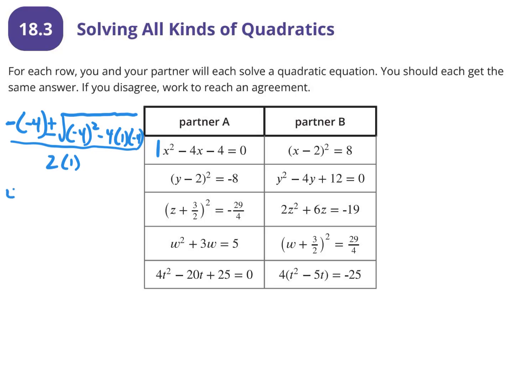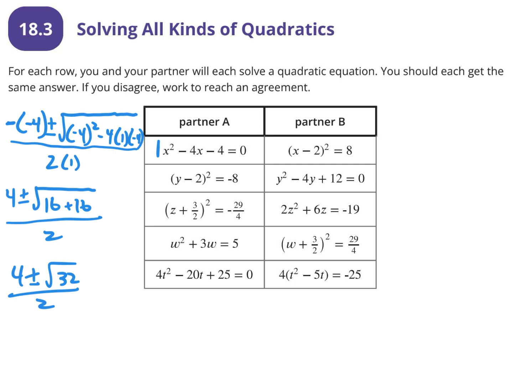Negative of -4 is 4, plus or minus the square root of 16. -4 times -4 is positive 16, all over 2. I get 4 plus or minus the square root of 32 over 2. 32 simplifies to 16 times 2. When you simplify a radical, you want to look for the largest perfect square that goes into the radical.